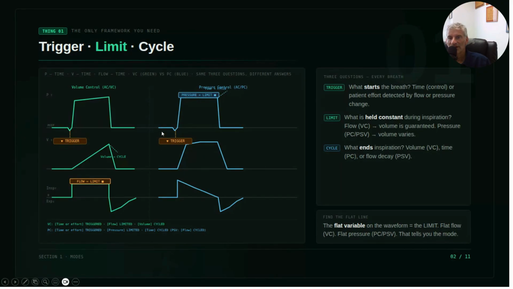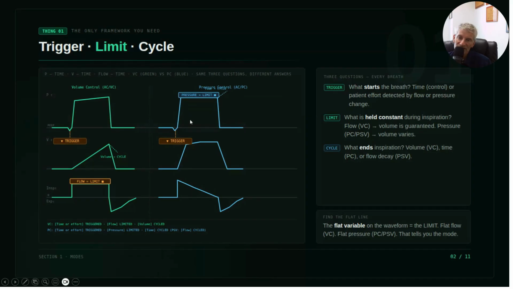As soon as you get the breath, you're getting a pressure that was given, let's say, of 25. And then the cycle is time. So it knows to do the breath for, let's say, 5 seconds. I mean, it won't be 5 seconds, but however long the breath would be is dependent on time.